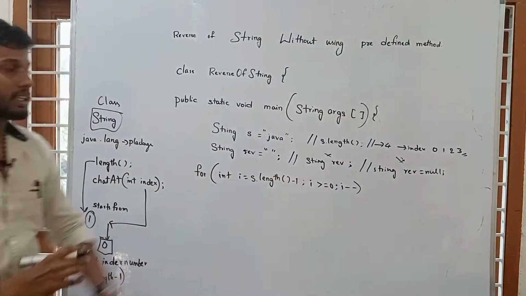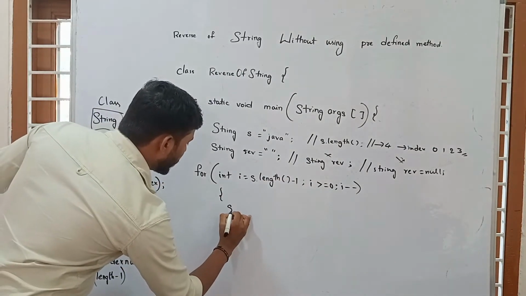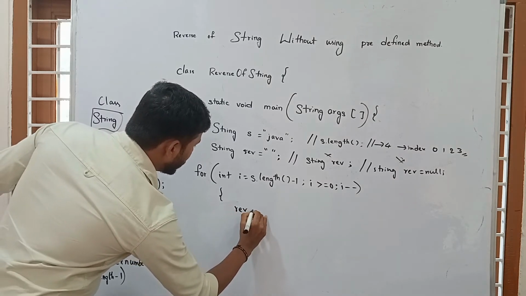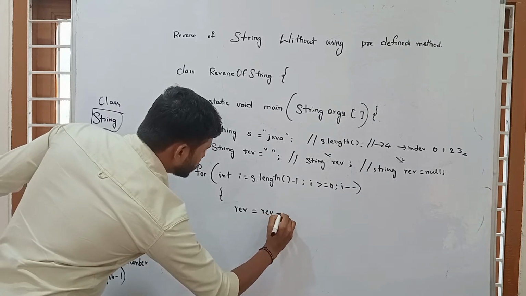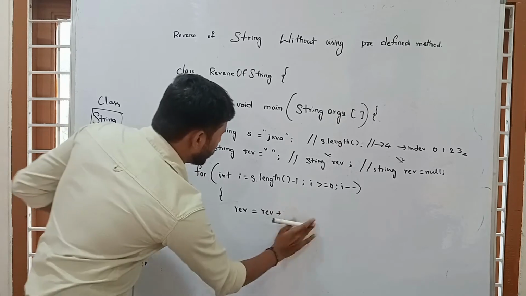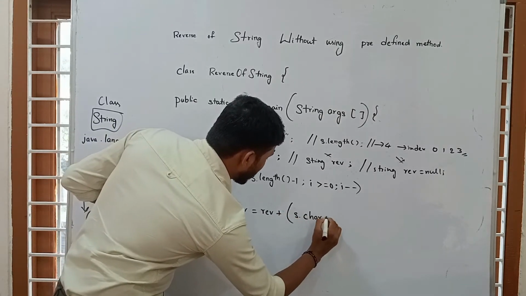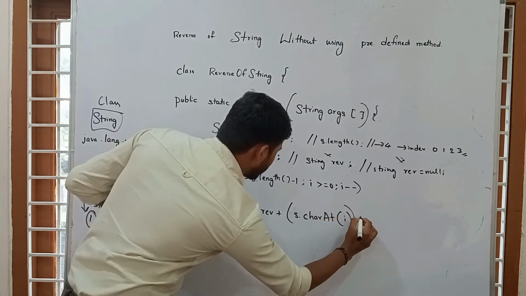This is the decrement. And here I am opening the loop. Here I am writing reverse equal to reverse plus s.charAt(i).